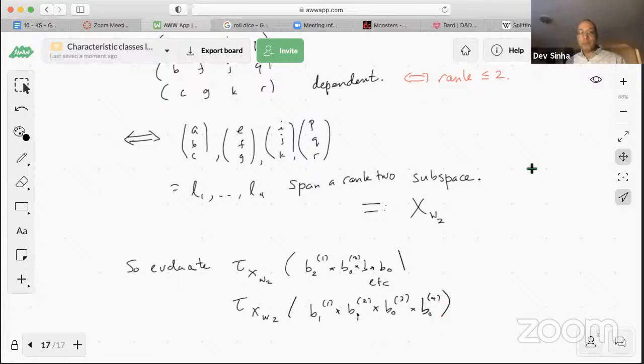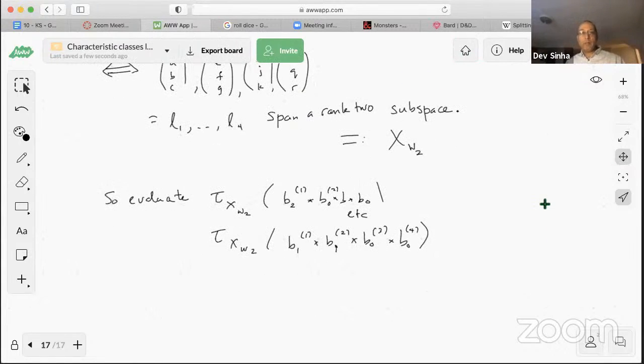And let's think about that geometry. We have 2 generic vectors.